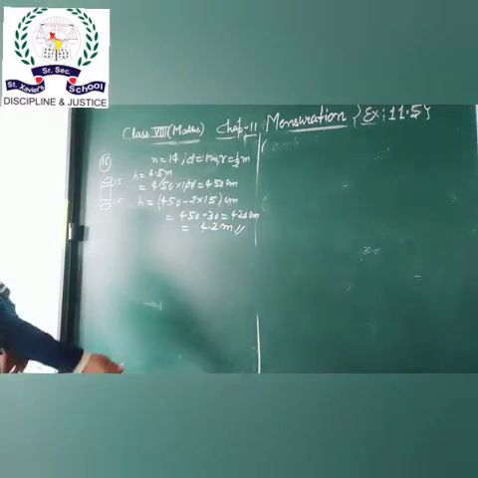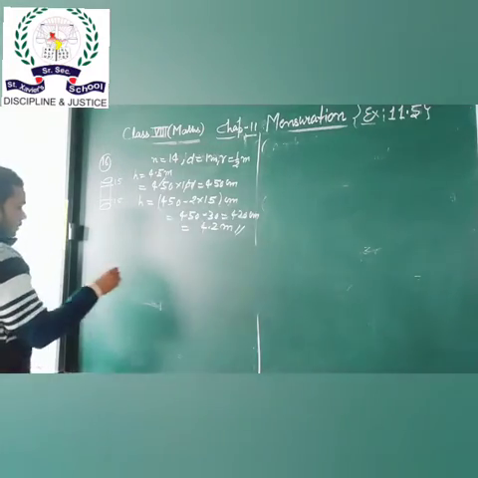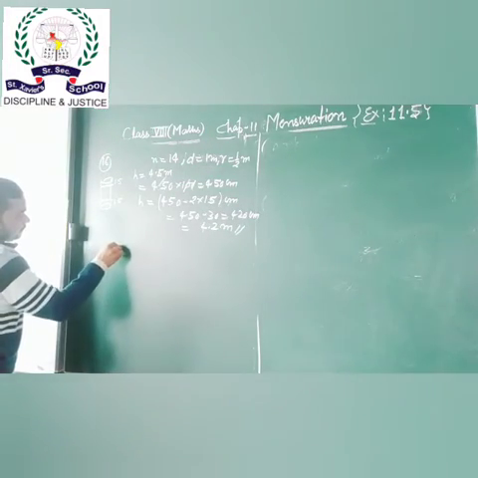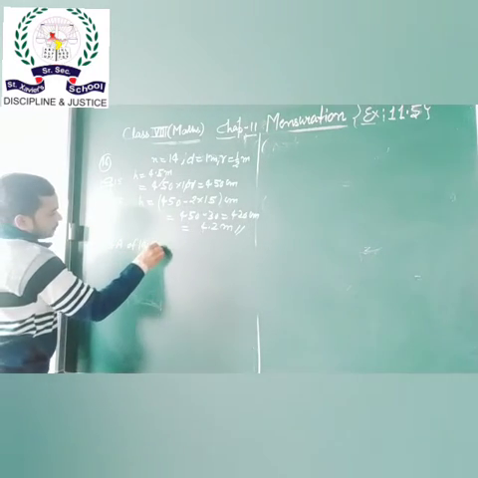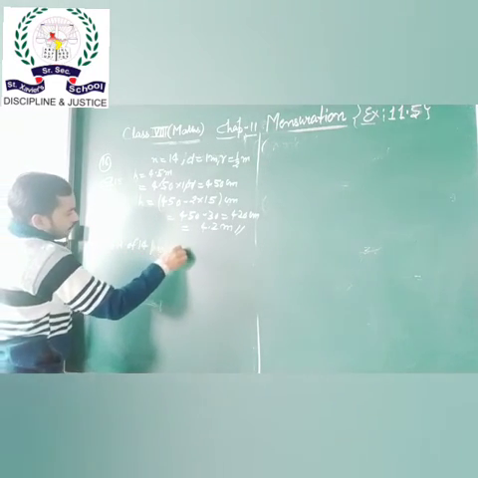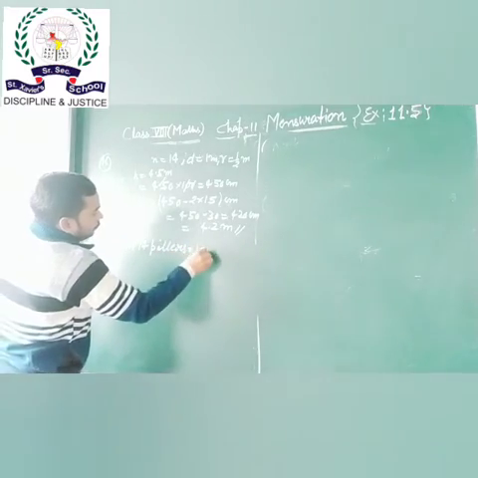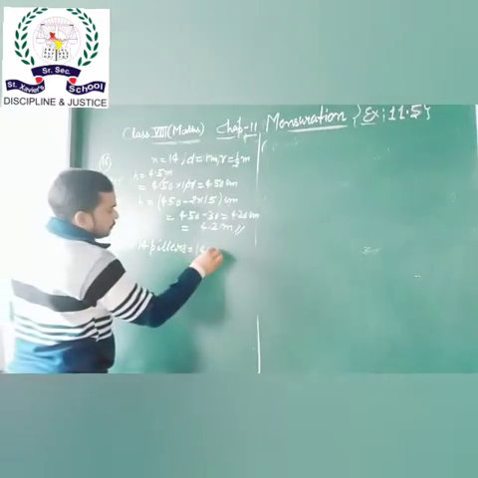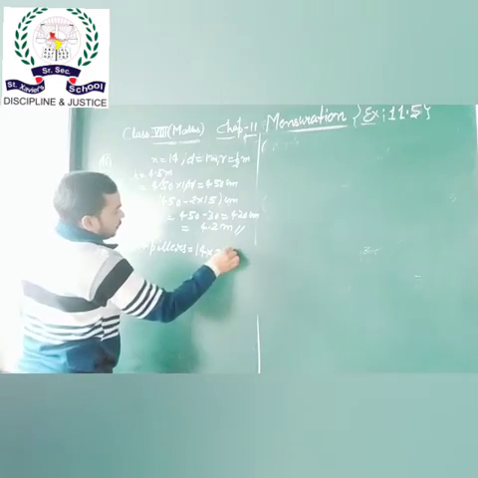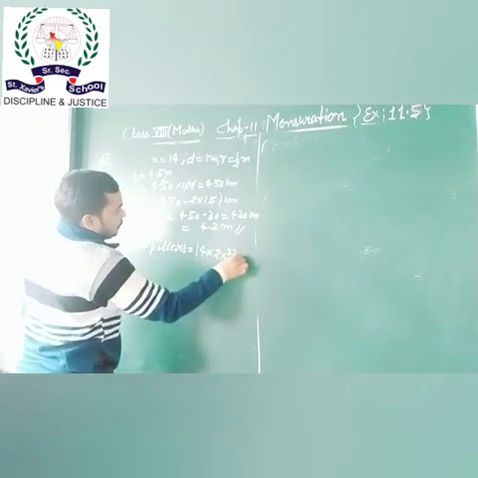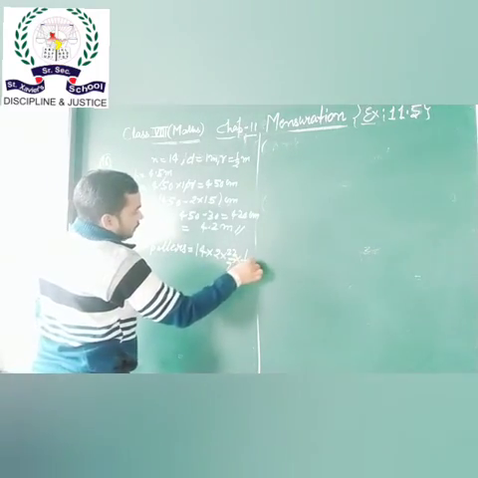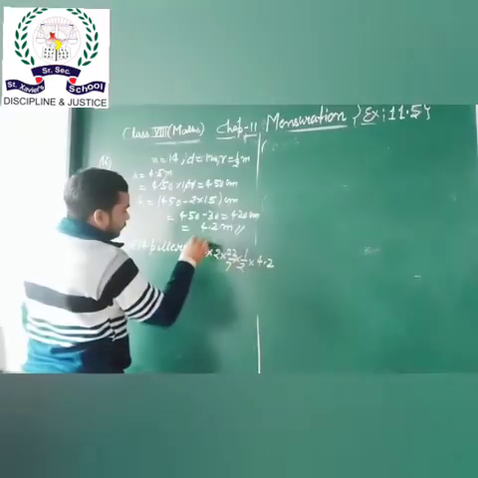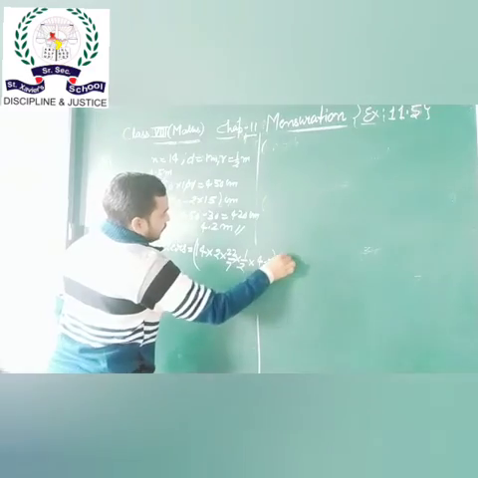Then find out the CSA of 14 pillars. CSA of 14 pillars. So 14 into 2 pi, 22 upon 7, into radius 1 upon 2, into height 4.2 meter square.